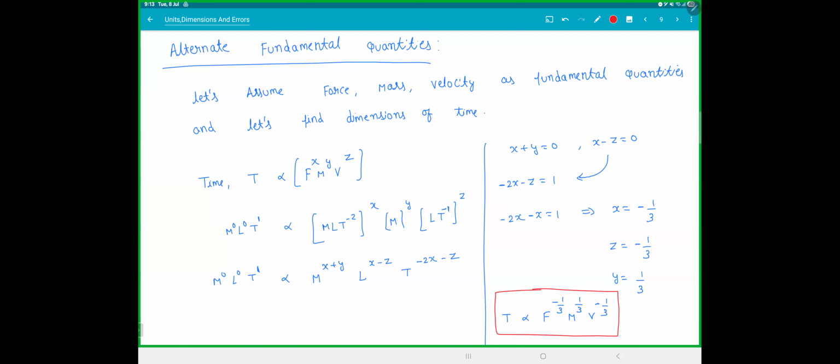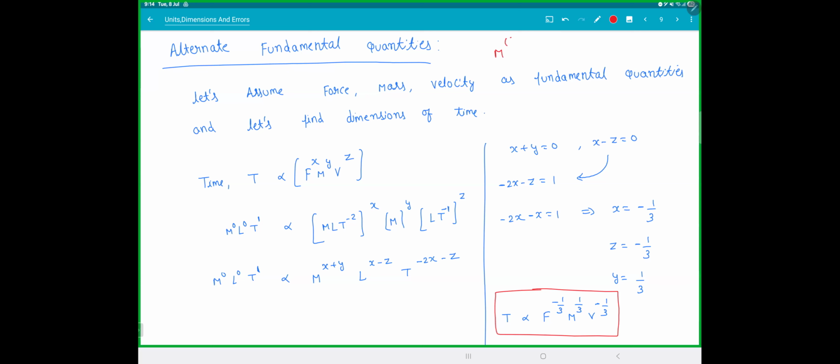All clear with this? Have a look at this example. Everyone got what we did? Let me ask you one more like this. Now you try and tell me. In this kind of problem, what you do, step 1: you're saying force, mass, velocity are fundamental quantities. Suppose if mass, length, time are fundamental, what will you take?